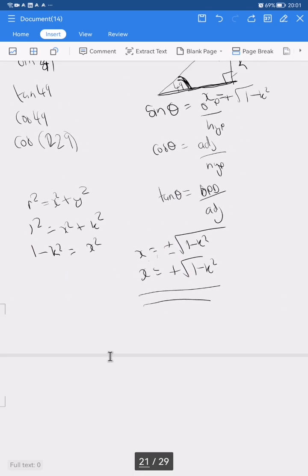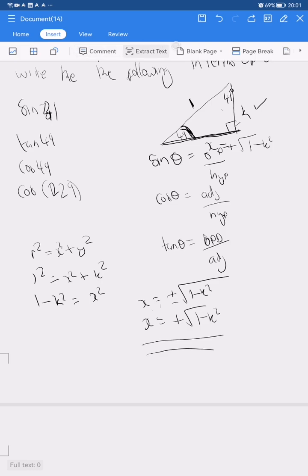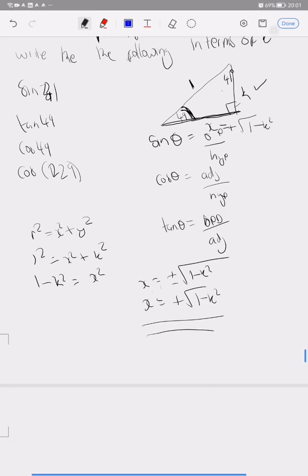All right, so the first question was to find sine 41. So what do I do from there? Sine 41 is equal to opposite over hypotenuse. I come to 41.